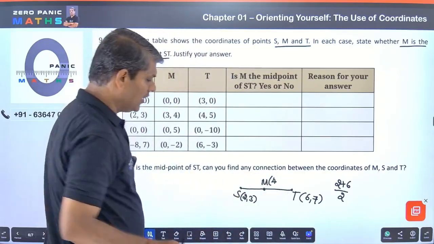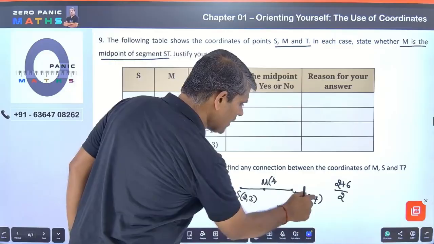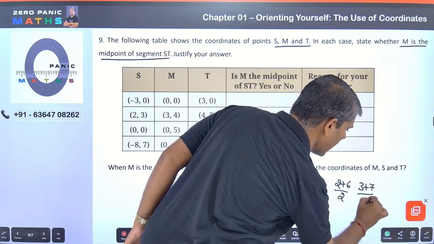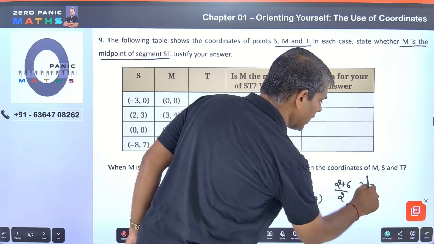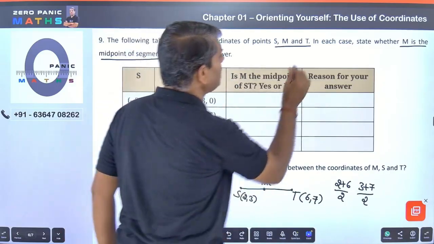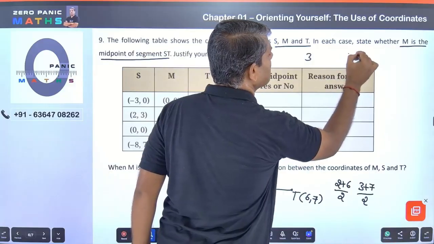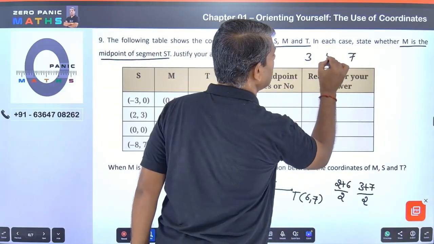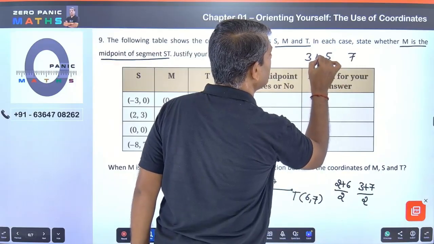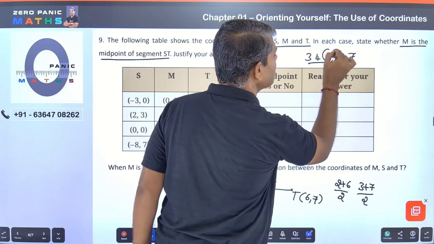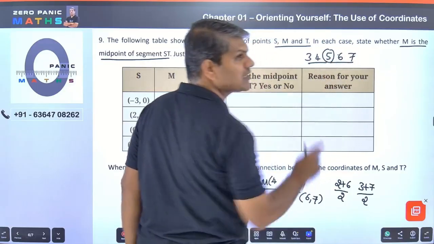Similarly, 3 plus 7 divided by 2 is 10 by 2, which is 5. What will be the midpoint of 3 and 7? It is 5 only, because there is 4 here and 6 here, so 5 exactly comes in the midpoint of 3 and 7.